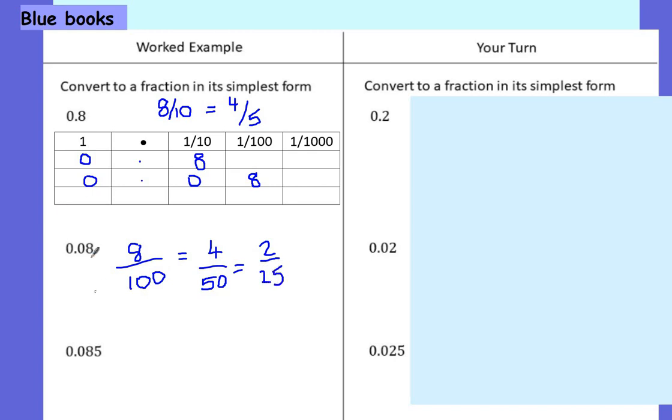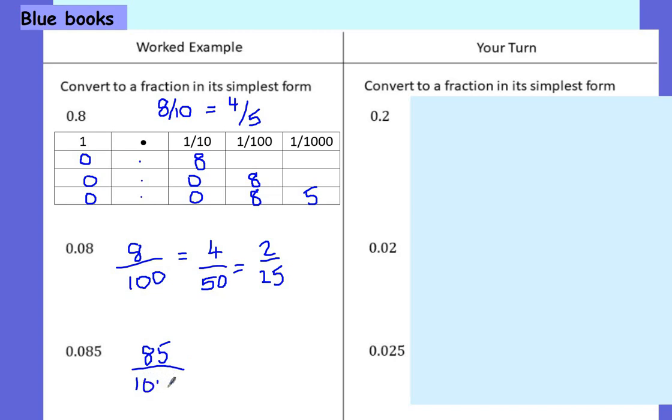For my last example, I've got 0.085. This time I've got a 5 in my thousandths column and an 8 in my hundredths column. I can't write this as 8.5 over 100. It would be much easier to write it as 85 over 1,000.